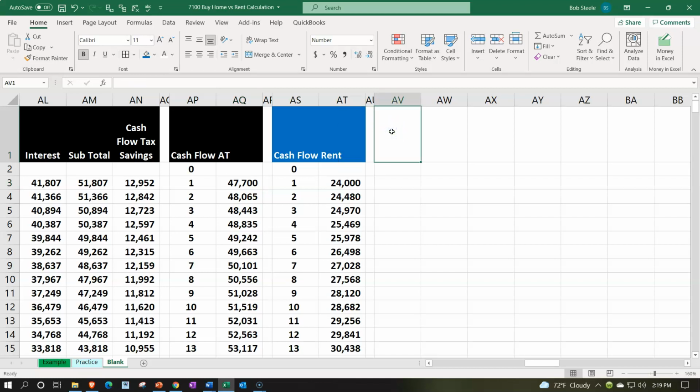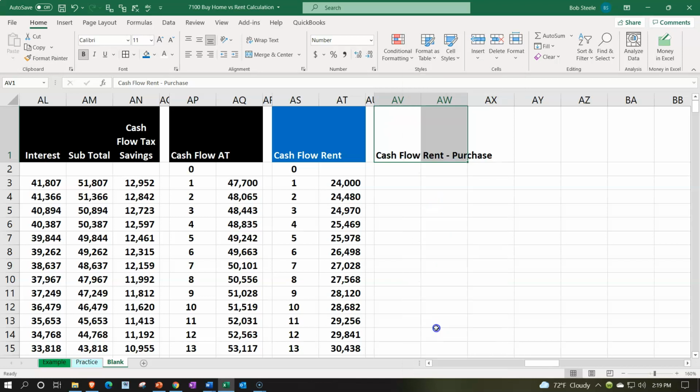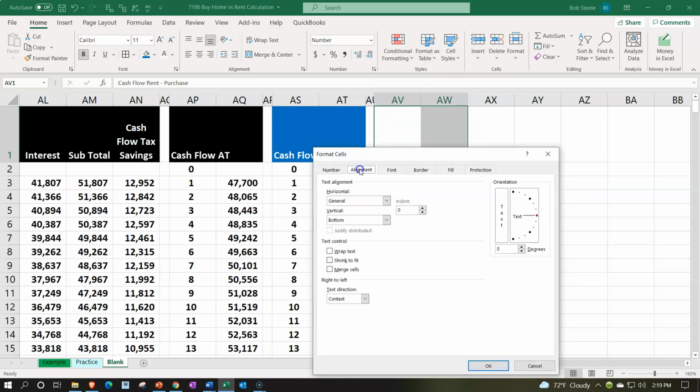So the difference in the cash flow. We're going to say cash flow, let's say rent minus purchase. Rent minus purchase. Let's select these two this time. I'm going to right click this time and format this a little bit differently. Formatting the cells, go to the alignment, and I'm going to go to a horizontal alignment.